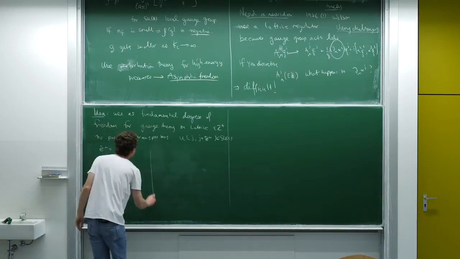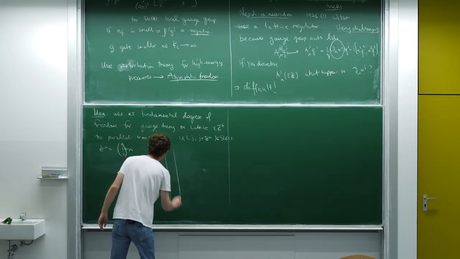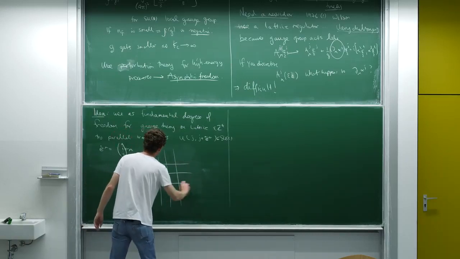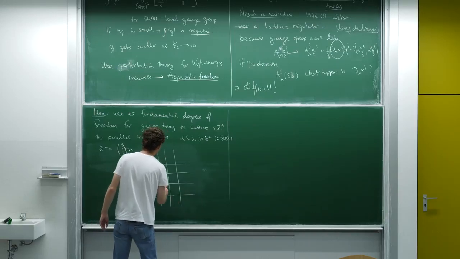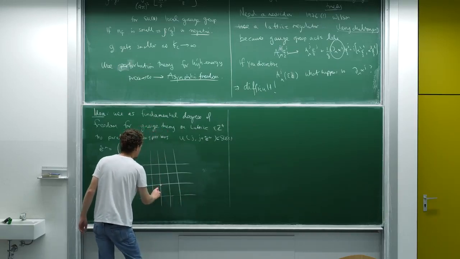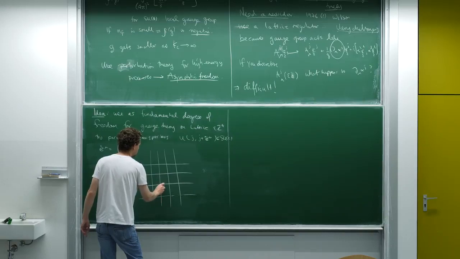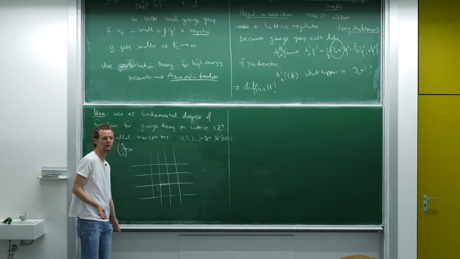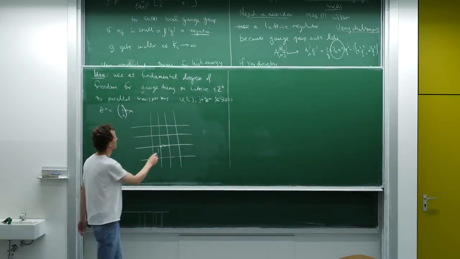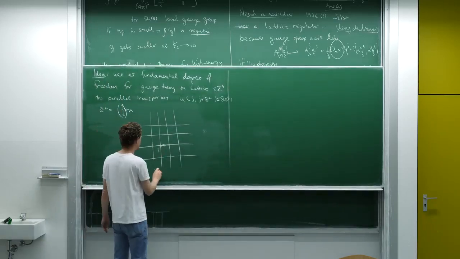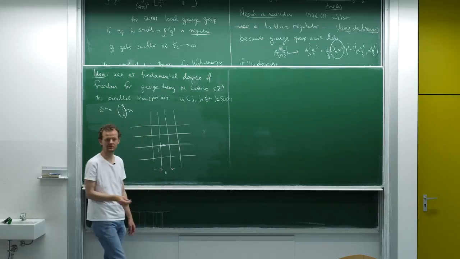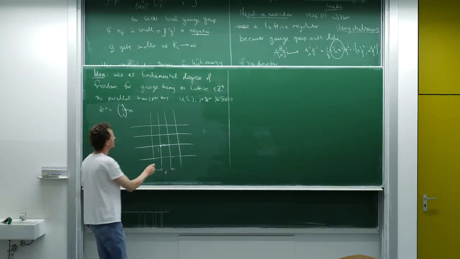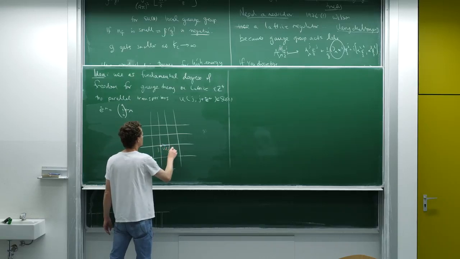So if you draw the lattice, here's lattice site j, and we have a parallel transporter that tells you how to transport a fermion across one lattice unit. Lattice spacing is epsilon here. And that's U, j goes to j plus e_1 in the x direction, let's say.